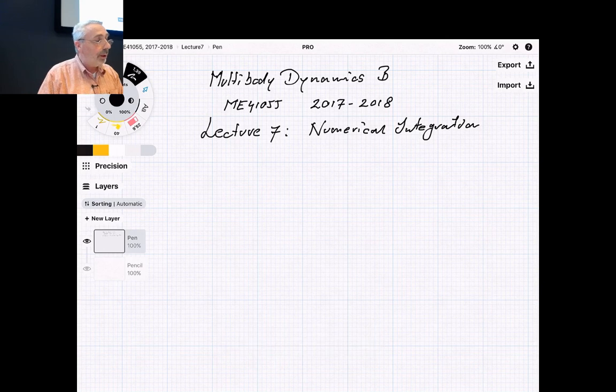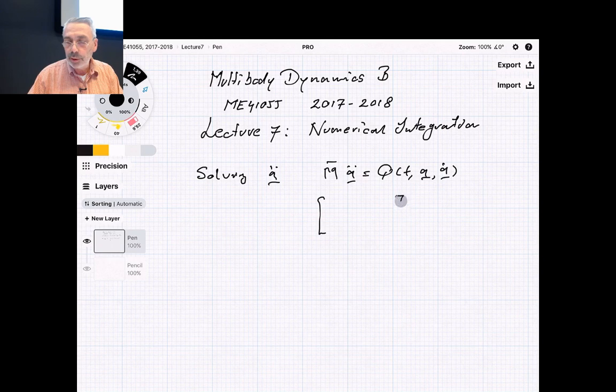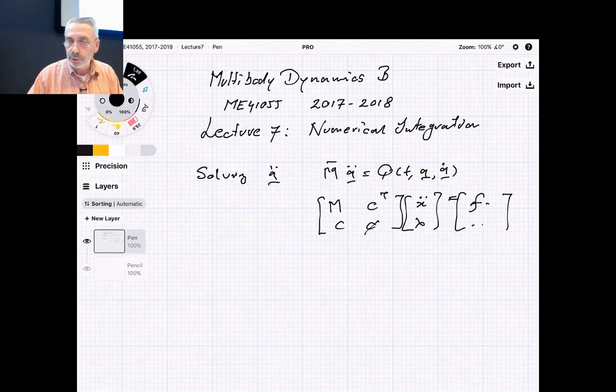So the topic is numerical integration, and until now, so almost one whole quarter, we have spent on solving accelerations, either from mass times acceleration is some generalized force, which was a function of the position, the coordinates, and time, or we had this very nice simple DAE approach with x double dot and lambdas and mass and C transpose and some right hand side forces, and here's some second order terms. It doesn't matter.